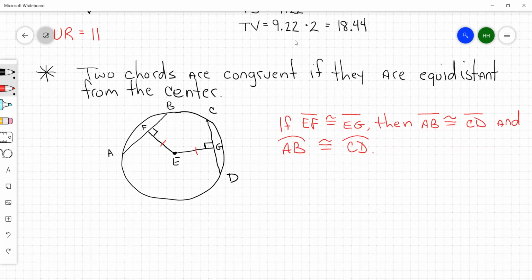It'll stop at the chord. But if those two segments, E to F and E to G, are congruent, then the chords are the same distance from the center. If the chords are the same distance from the center, they're congruent to each other. And if two chords are congruent to each other, then their arcs are congruent to each other as well.